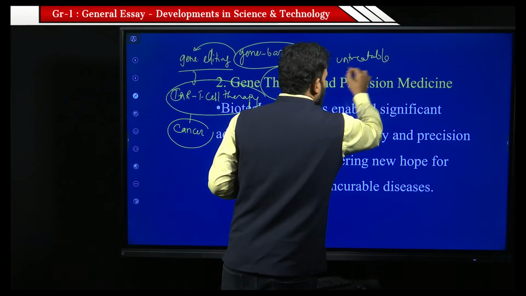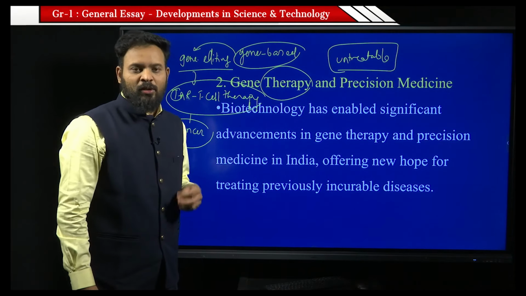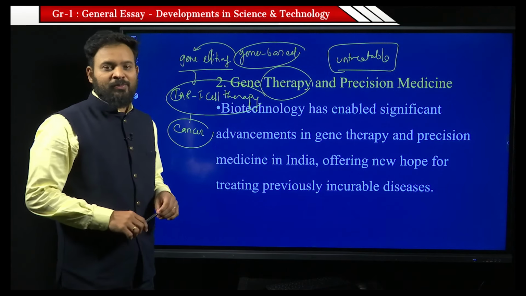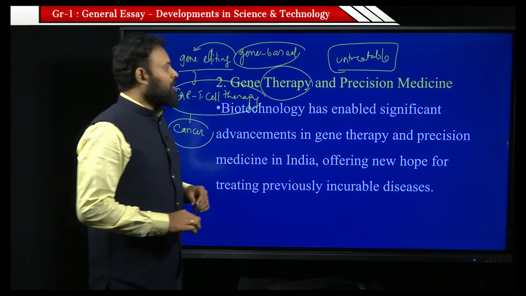The problems which were untreatable earlier are becoming treatable because of the changes that are happening in the field of biotechnology, that is genetic therapy, gene-based therapy and precision medicine.